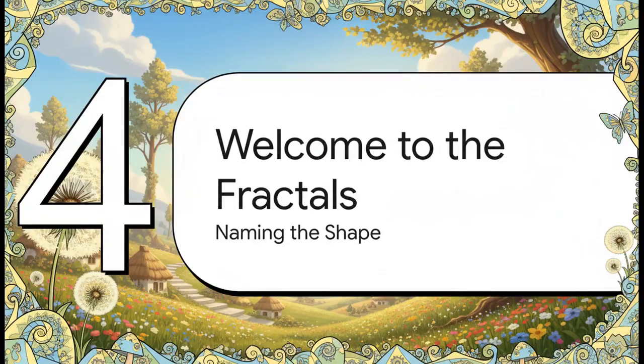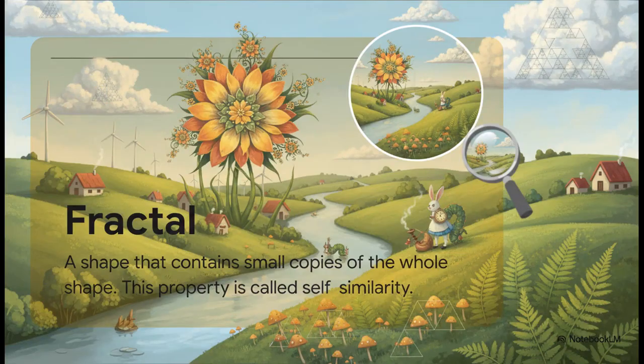Wild. So what do we even call a thing like this? A shape with infinite detail, a weird, paradoxical nature, all born from a simple repeating rule? Well, it turns out it's part of this incredible family of shapes called fractals. You see them everywhere, from nature to computer graphics. It's called a fractal. And the number one defining feature of a fractal is something we've actually already seen, self-similarity.